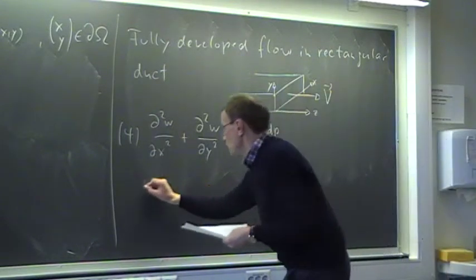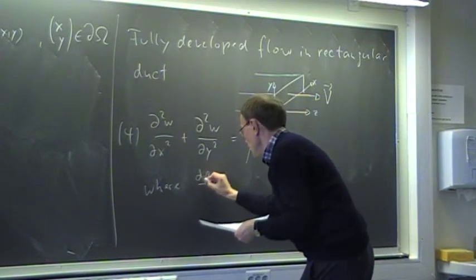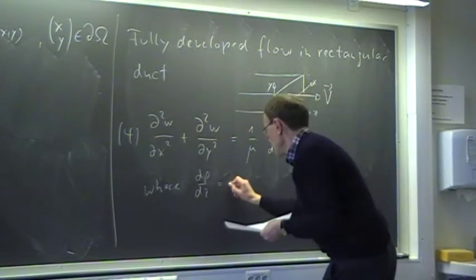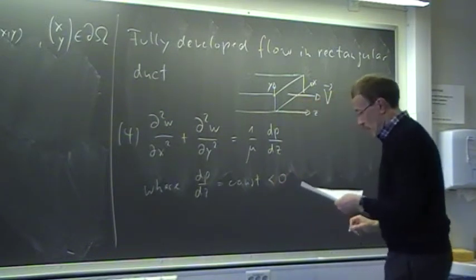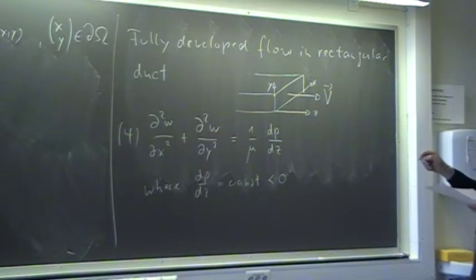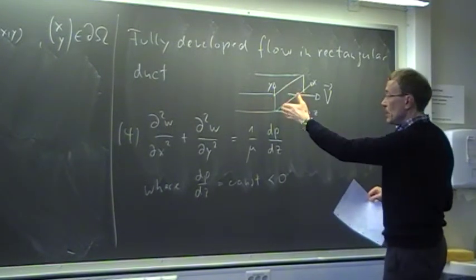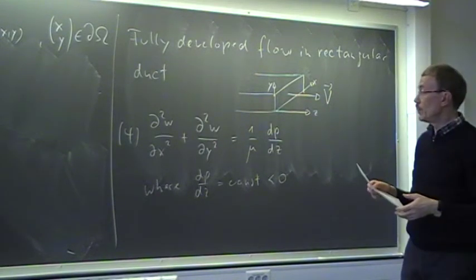So let us just note that the pressure gradient, therefore we write it as the full differential here, is constant and negative. I mentioned already that u and v, the velocity components in x and y, are zero, and that we have a fully developed flow, so that the velocity profile will be the same in each section, so that dw/dz will be zero.